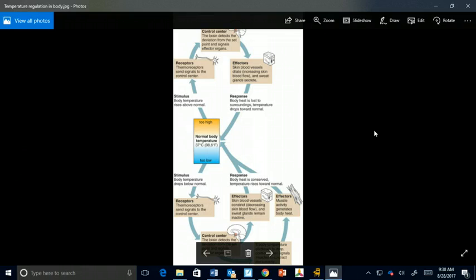So it's not moving back to normal, it's moving further away from normal. You guys want to add something more to that? It's a positive feedback loop. Yeah? So in other words, instead of the effectors driving back to homeostasis, they're moving further away from homeostasis. Right? And they just keep getting stronger and stronger and stronger.